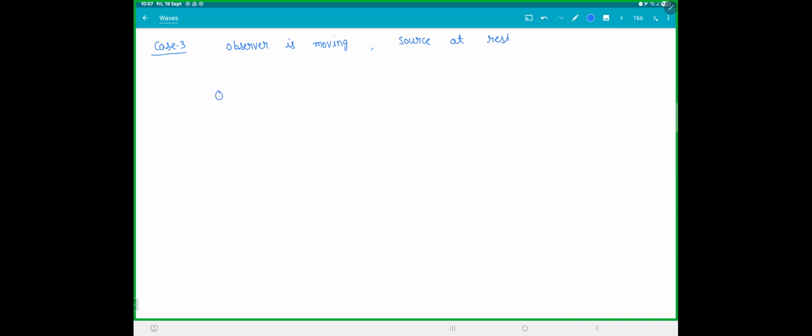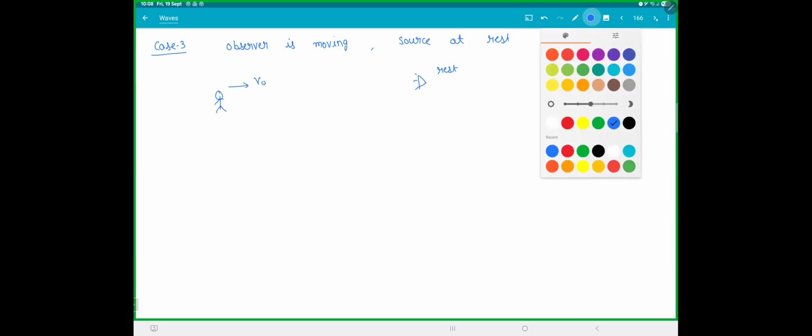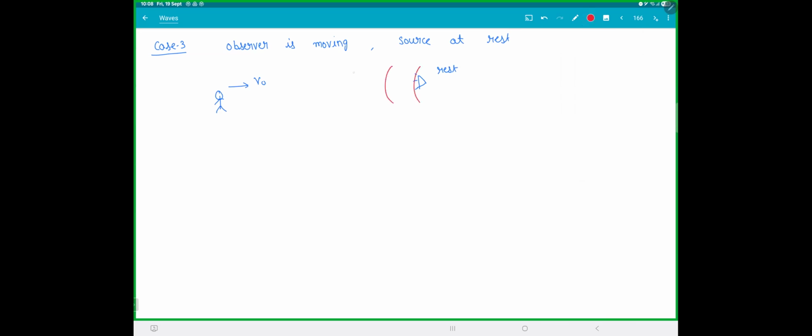So this guy is running with V naught. Source is at rest. So this is generating waves continuously and the wavelength doesn't get affected. It is coming with speed c.